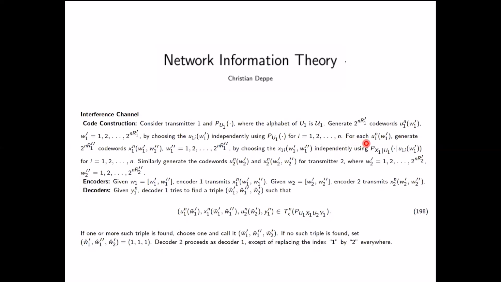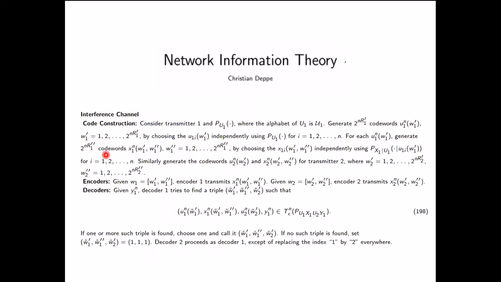And for each U1^n(W1'), we generate now 2^(nR12') codewords X1^n(W1', W12'), where W12' goes from 1 to 2^(nR12').